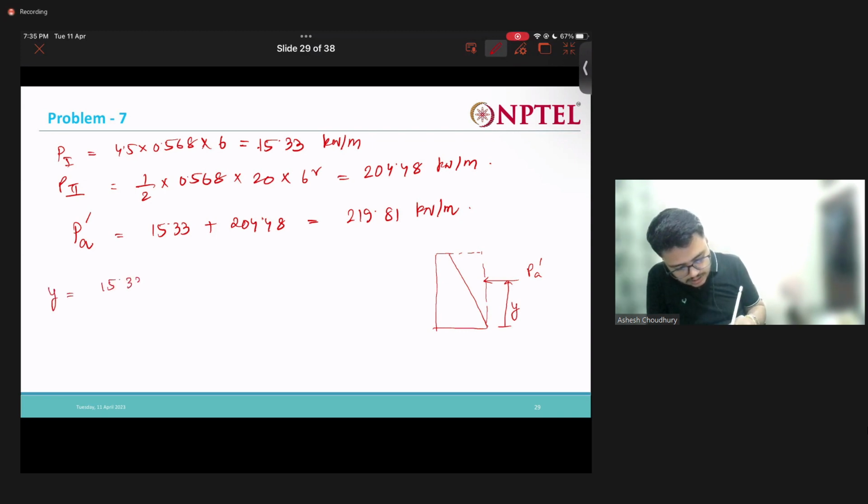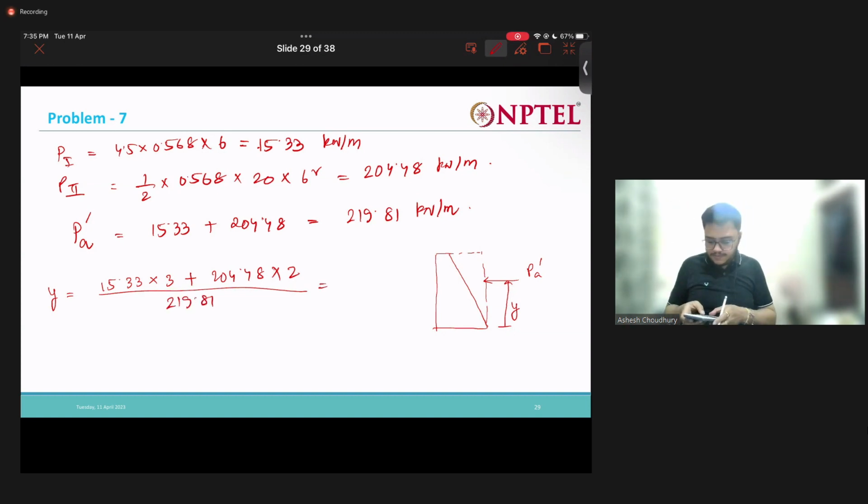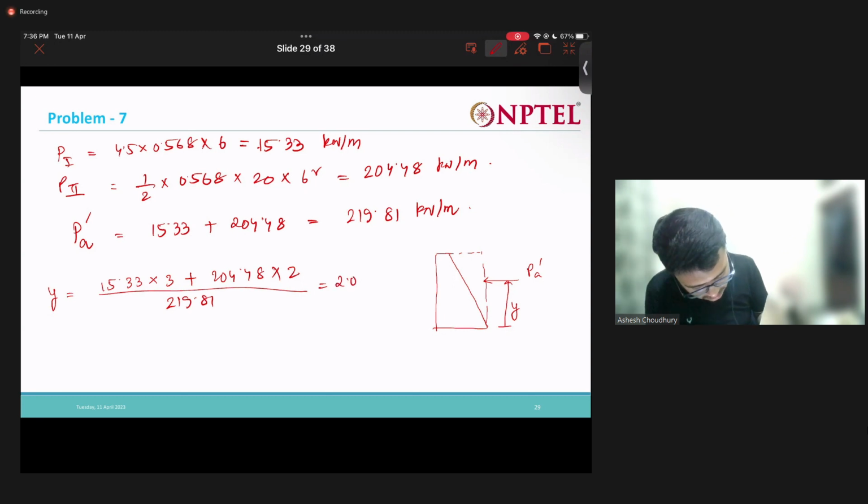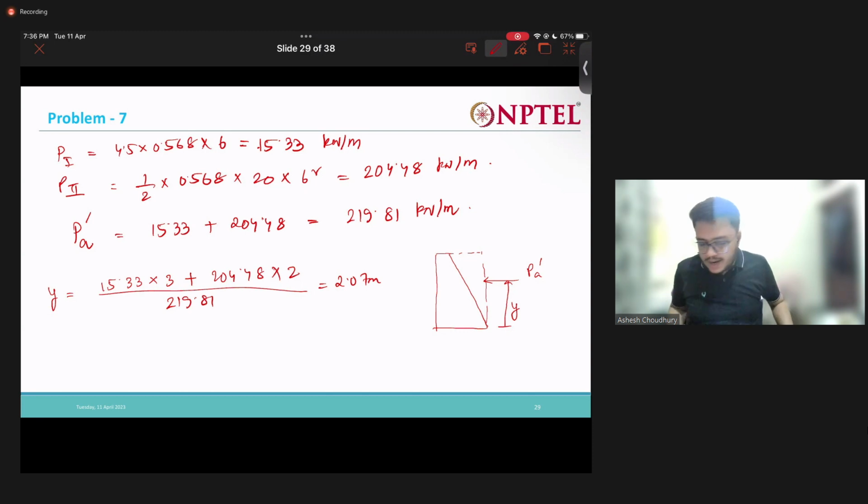So y equals 15.33 into 3 plus 204.48 into 2, divided by 219.81. So what is my y? It's 2.707.